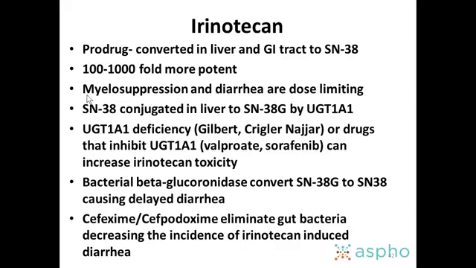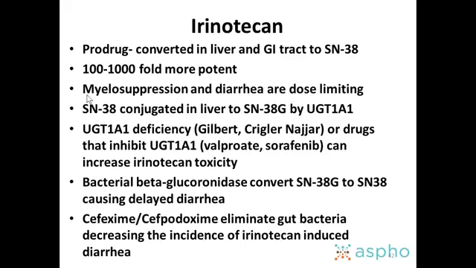So moving on to irinotecan, the important thing is irinotecan is also a prodrug. It's converted in the liver and the GI tract to SN38, which is 100 to 1,000 times more potent than irinotecan itself. The dose-limiting toxicities, as we said earlier, are myelosuppression and diarrhea.